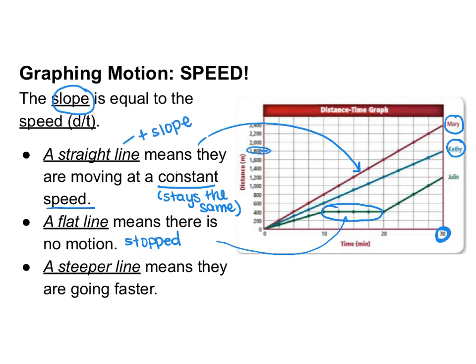But in 30 minutes, Mary was able to go 2,400 meters. So Mary had to have been moving faster because she went further in the same amount of time. So a steeper slope, a steeper line, means they're going faster, and a flatter one, like Kathy's, means that they're going slower.